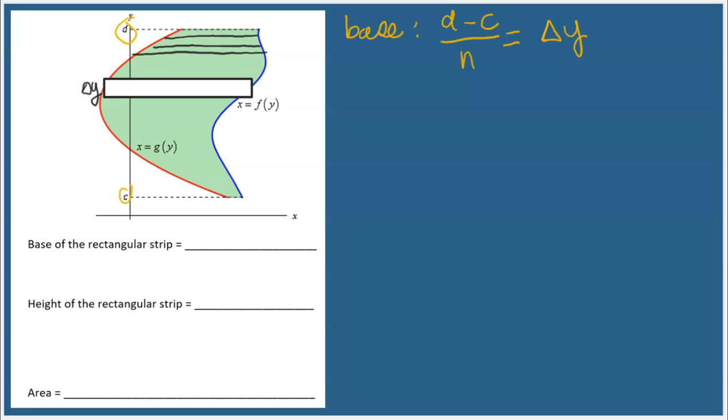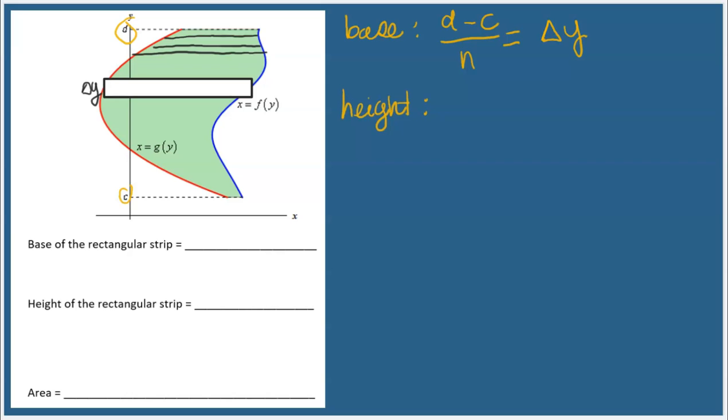And then the height of the rectangle is kind of weird to call this the height when it's not standing straight up, but what I meant by that is this part right here, going from here to there, right? So that is the height of that rectangle. That's the distance between the two functions.